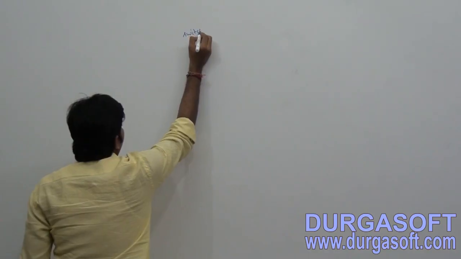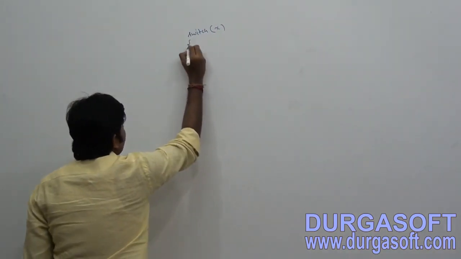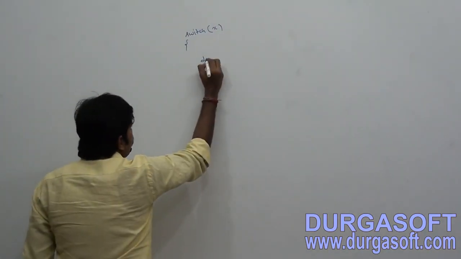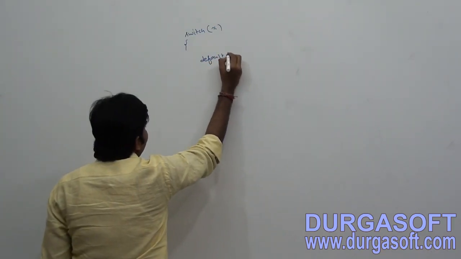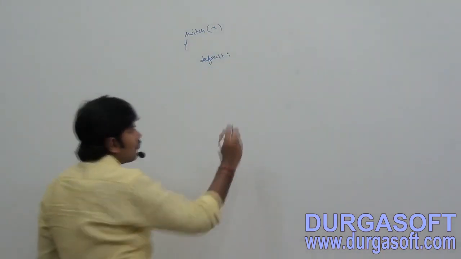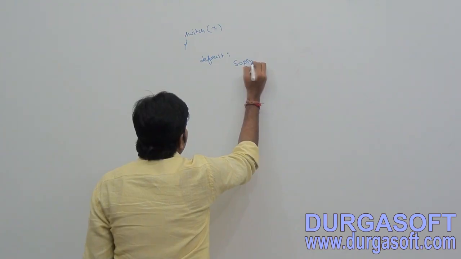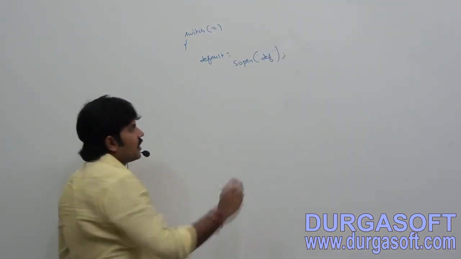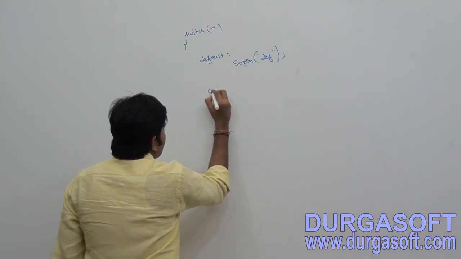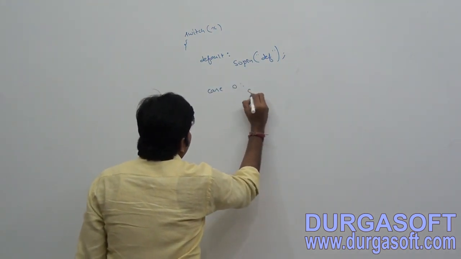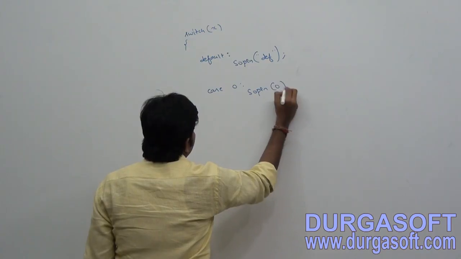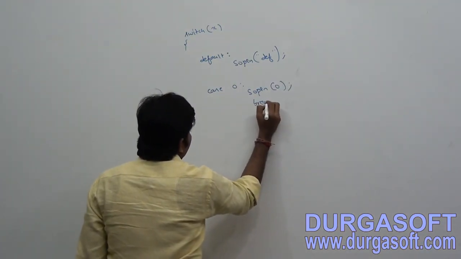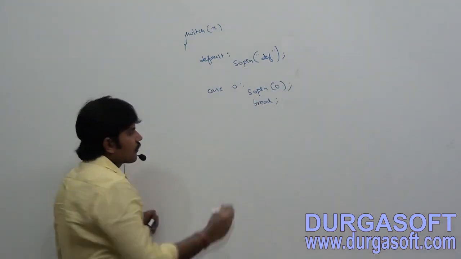Sir, switch of X I am taking. First, only the default case: SOP of def. Followed by case 0: SOP of 0, break.